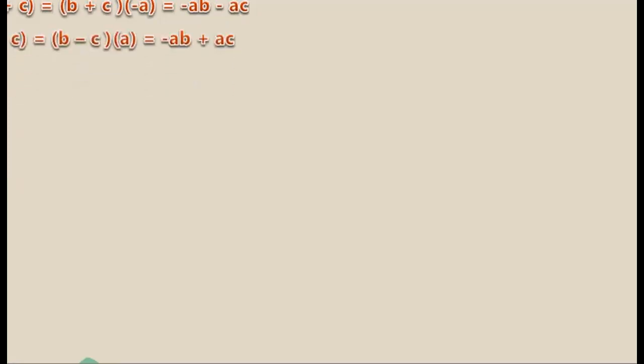The next, a in parentheses b minus c together with b minus c in parentheses a, together with minus a times b plus a times c.